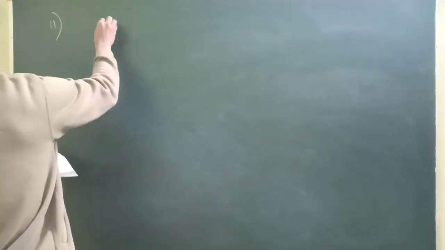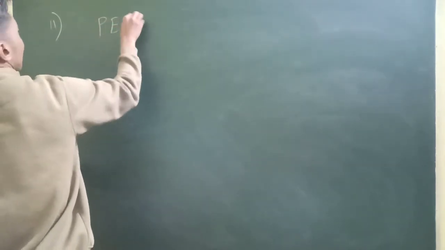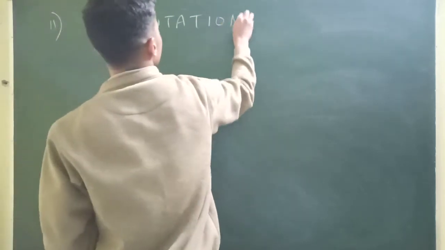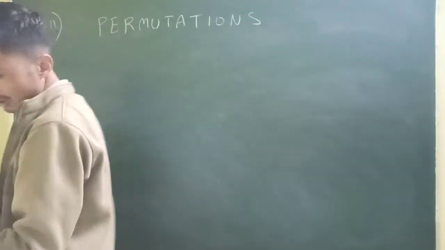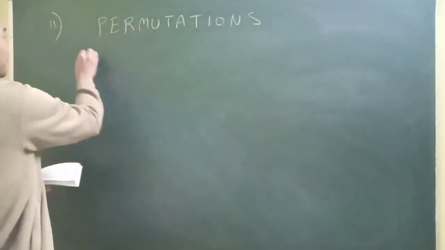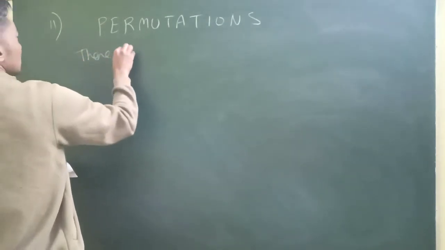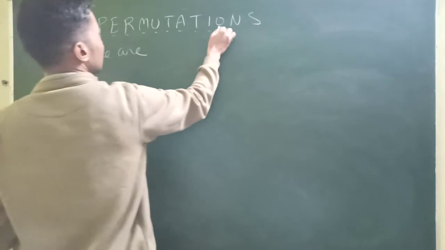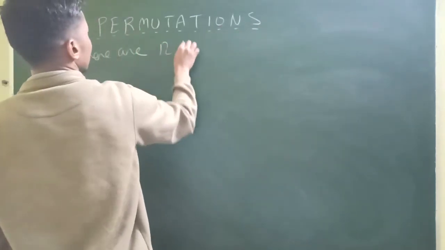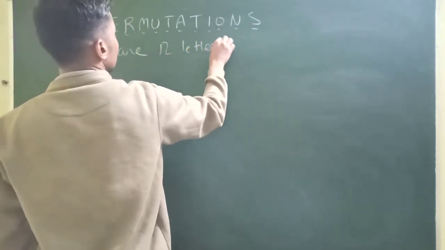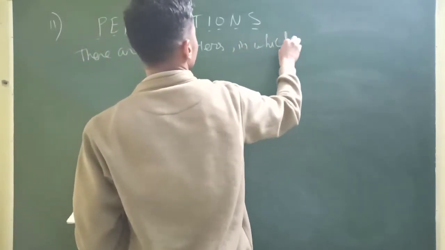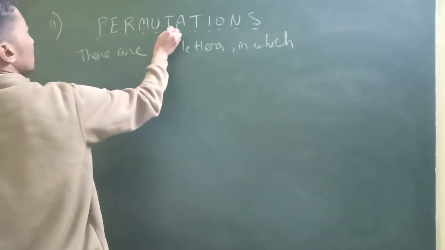Again, here also we have permutations. Permutations can be arranged. Now, there are 1, 2, 3, 4, 5, 6, 7, 8, 9, 10, 11, 12 letters, in which any repetition here?